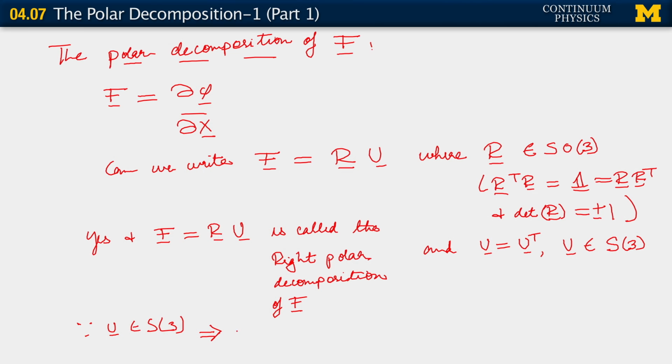What this implies is that the eigenvalues of U are real numbers, and let's denote those eigenvalues as lambda 1, lambda 2, lambda 3.